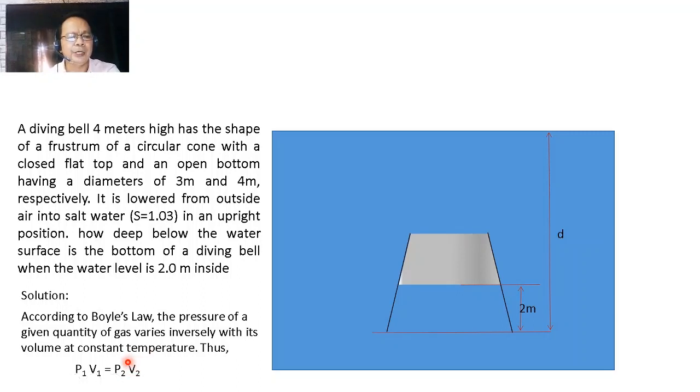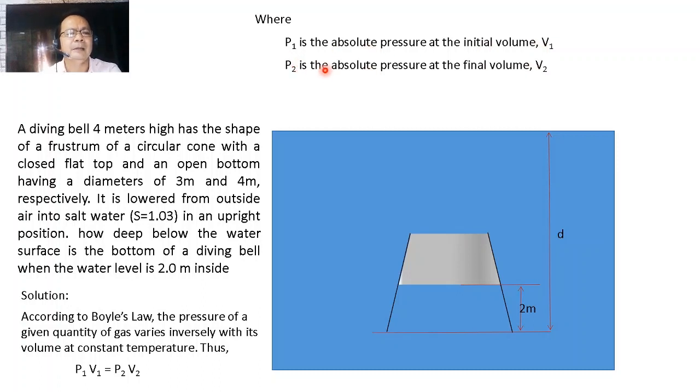In this law, P1 is the absolute pressure at the initial volume of the air, and P2 is the absolute pressure at the final volume of the air. So what is the initial volume and what is the final volume? The initial volume we refer to here is when the frustum is not yet submerged, while it is still in air, and the absolute pressure is the atmospheric pressure.